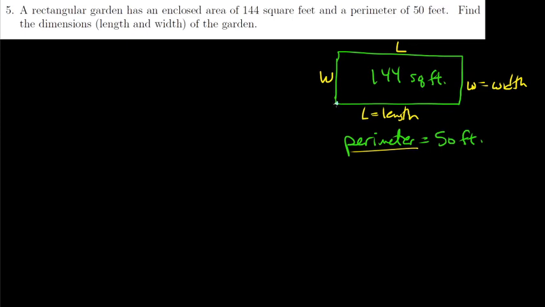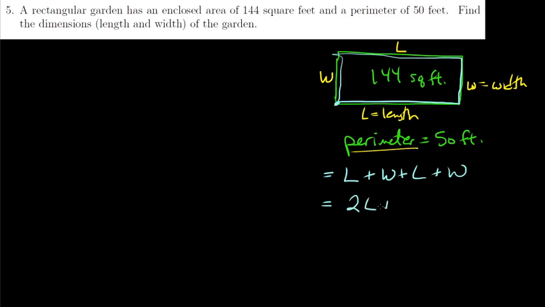If I add up starting here, going this distance, plus this distance, plus this distance, plus this distance, I get the perimeter. In this case, it's L plus W plus L plus W, or 2 L's and 2 W's, 2 lengths and 2 widths. So that has to be 50 feet, because that's given. That's the perimeter.